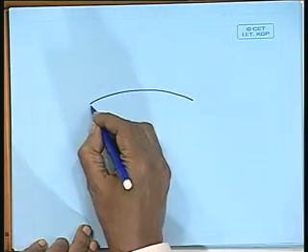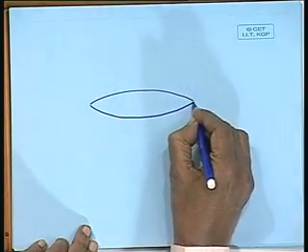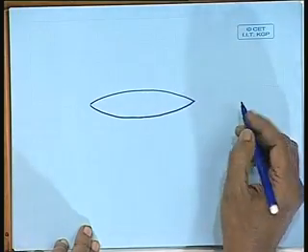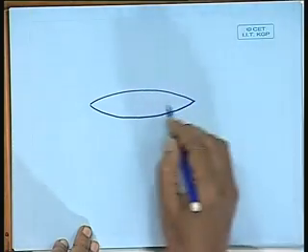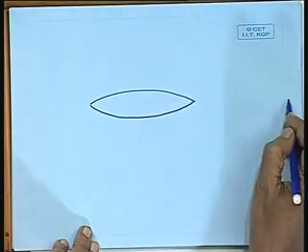Let us look at that. I got a body like this. If I move the body forward in this direction, it would be same as saying as if the body is stationary and the water is moving in the reverse direction. Am I clear?